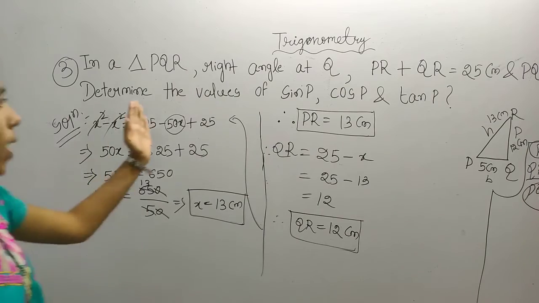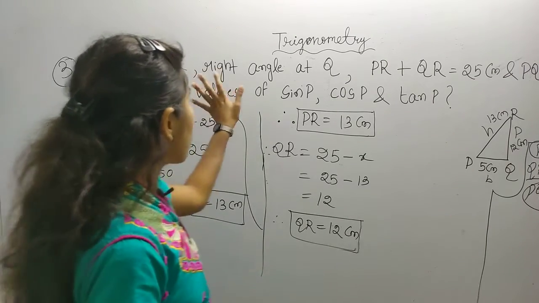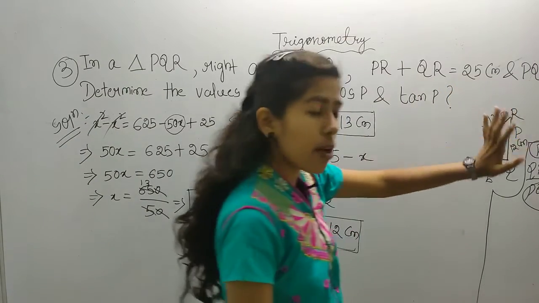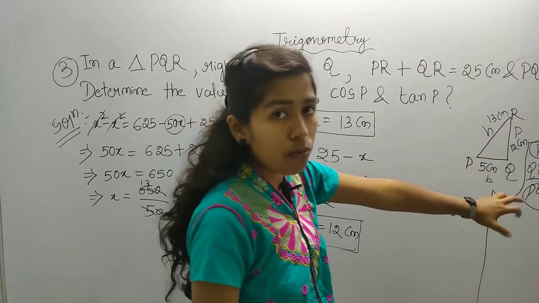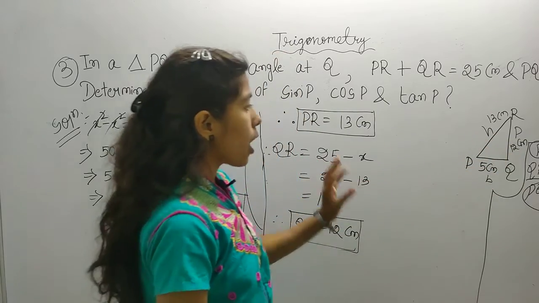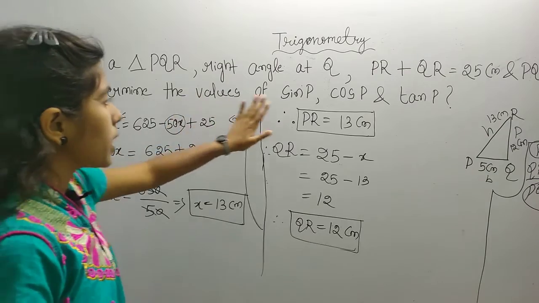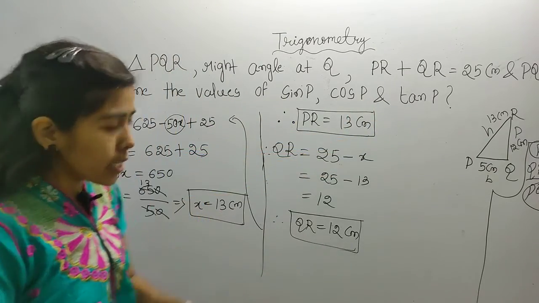Next we have to determine the values of the angles. In triangle PQR, right angle at Q, what is given we have written first, then we have solved the triangle clearly. Now we have complete information about the triangle. Next we can determine the values of these angles easily.